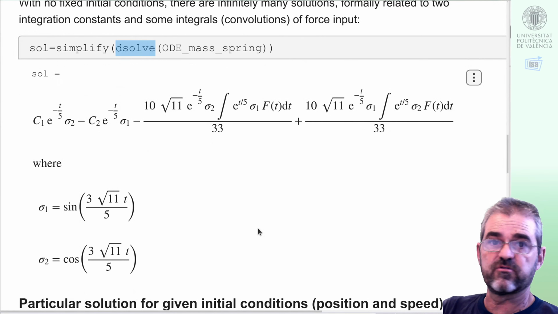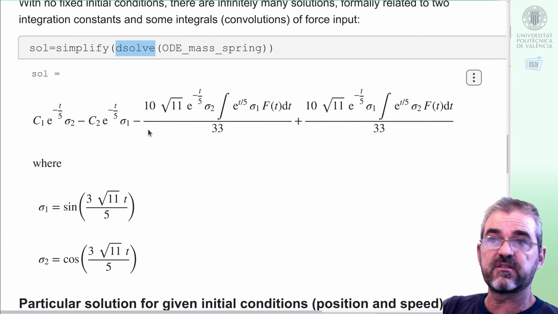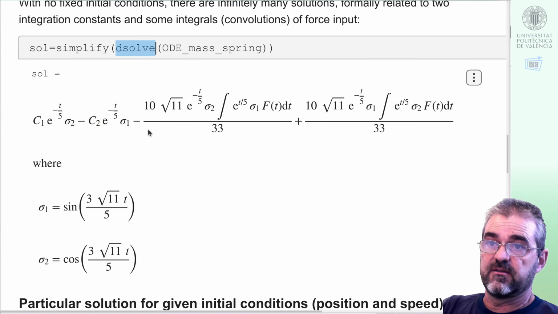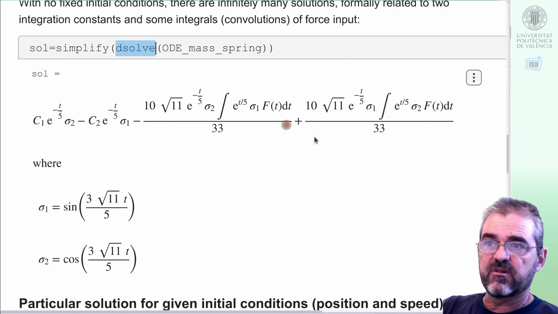the result is sort of a horrible monster with convolution integrals, constants of integration, whatever, that no one understands. Okay, I mean, if you have done a course in ODEs, maybe you do. But anyway, we wish to simulate the spring moving and not deal with abstract expressions and manipulating integrals.